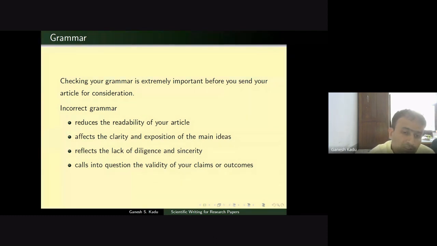Okay, so this calls into question the validity of the claims made in your research findings. So therefore it is important to do some grammar check.